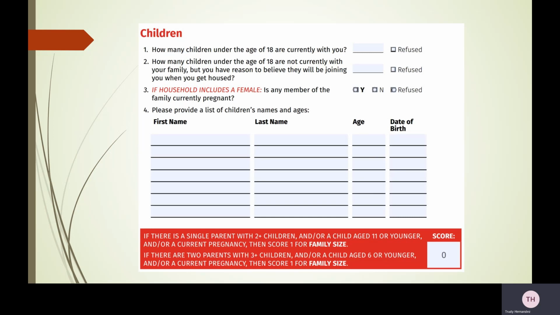So if there's a single parent with 2 or more children and/or a child aged 11 or younger and/or a current pregnancy, then score 1 for family size. If there are 2 parents with 3 or more children and/or there's a child aged 6 or younger and/or a current pregnancy, they would score a 1. The family survey is definitely the one that I'm so thankful for our HMIS system being able to calculate for us, because the scoring does get a little bit tricky.